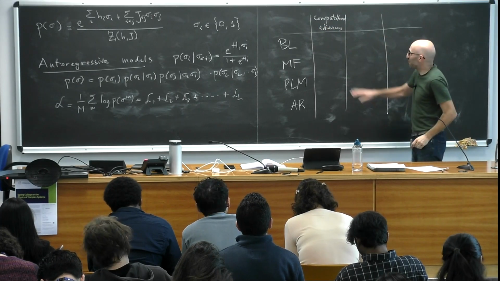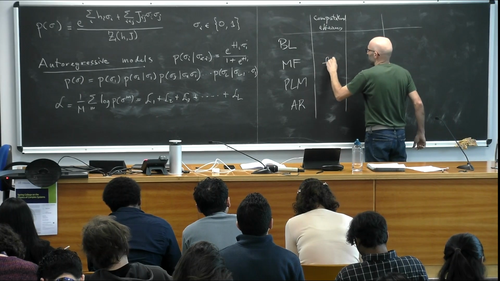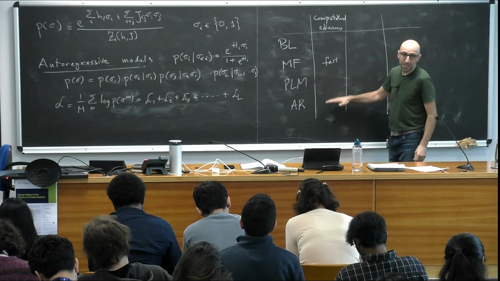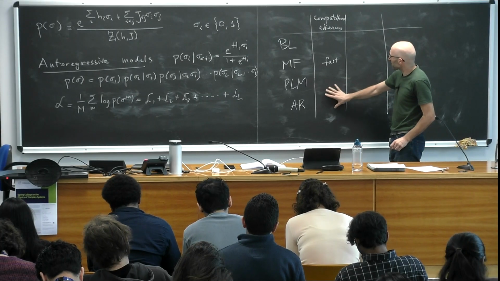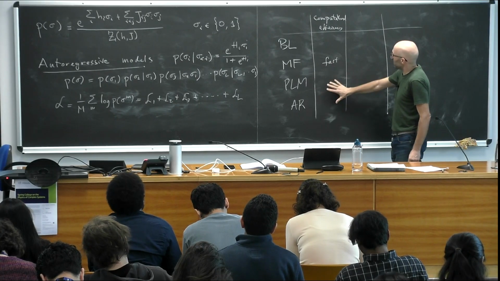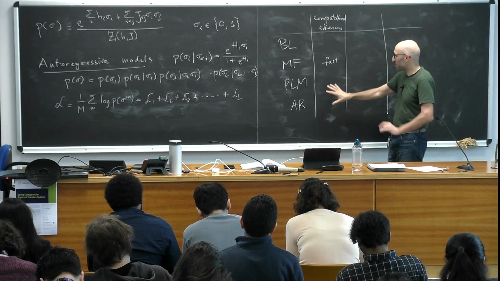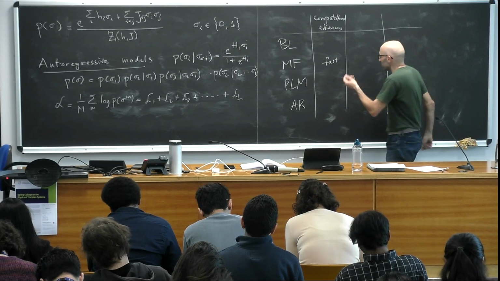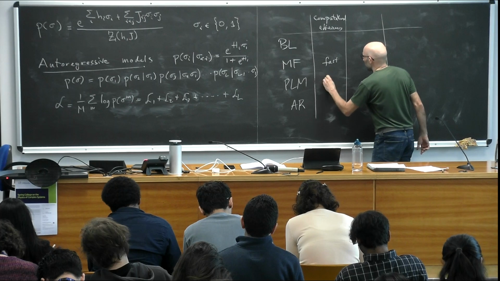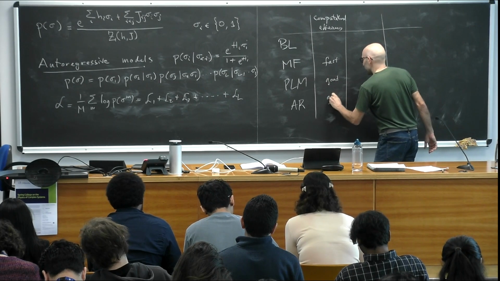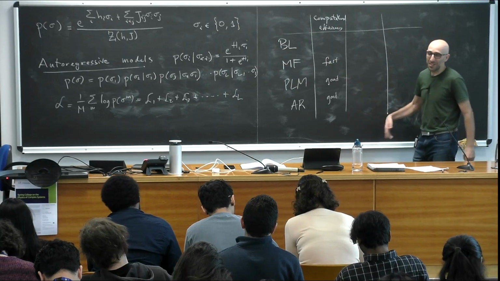and well, mean field is very fast. You just have to invert the matrix. These two have similar computational efficiency, and it depends a bit on how many data you have. If you have many data, it can be a bit slow, but then you can use batches. So this is good, let's say, a bit slower than mean field.